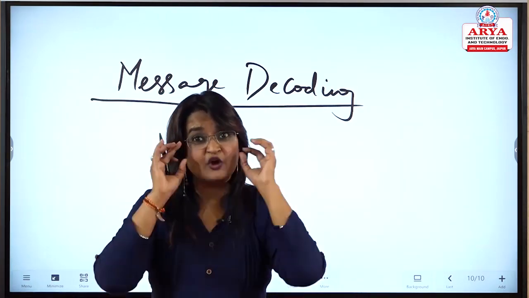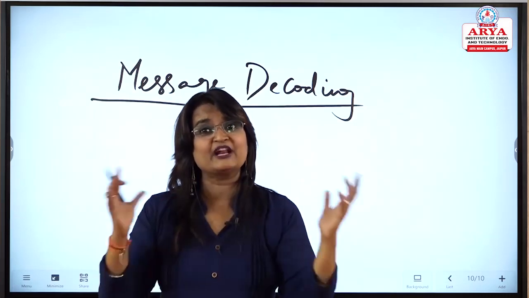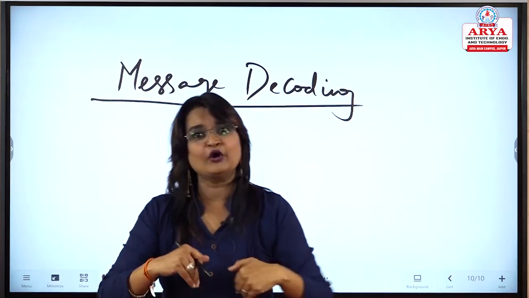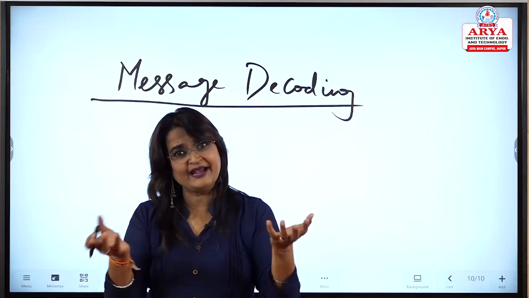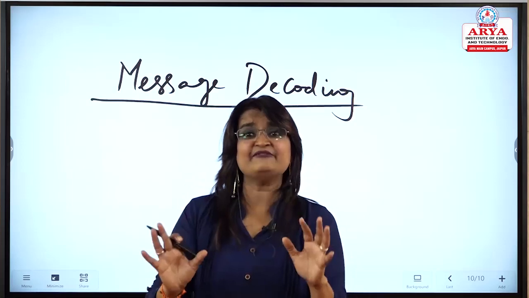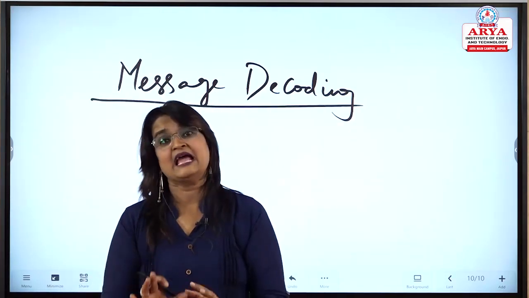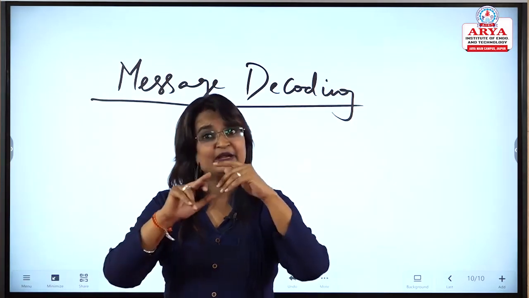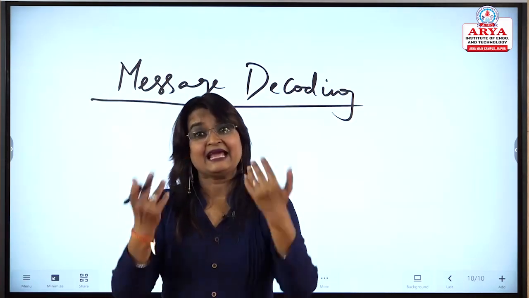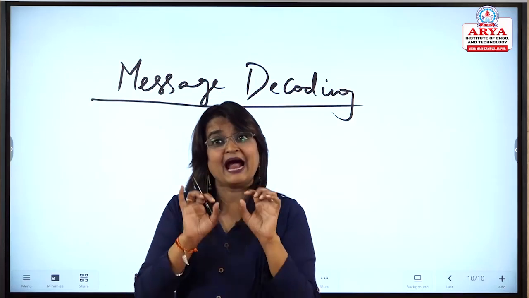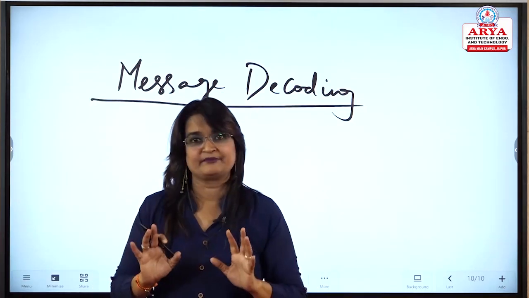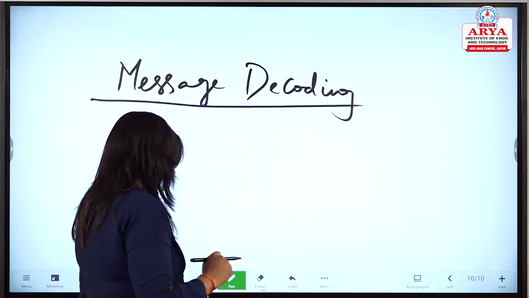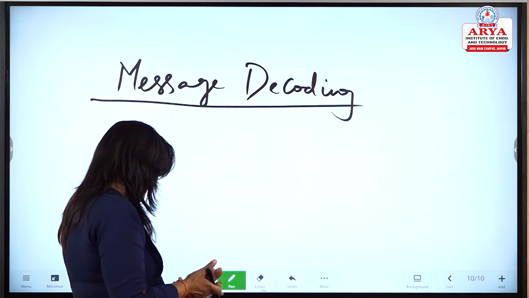So when you are encoding it, don't beat around the bush, give a proper message. So when decoded, the receiver receives it appropriately and understands what you want to convey. Otherwise, it would not be properly decoded or understood. So again, it is half done. There are several factors.